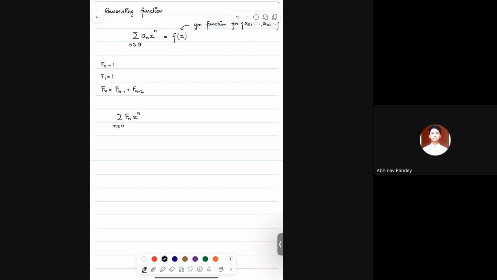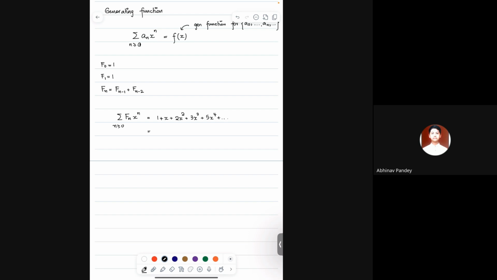So how will I do that? Let's write this down formally. This is 1 plus x plus 2x squared plus 3x cubed plus 5x to the power 4 and so on.